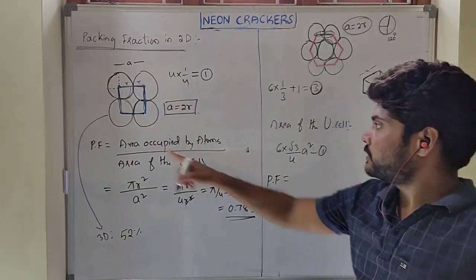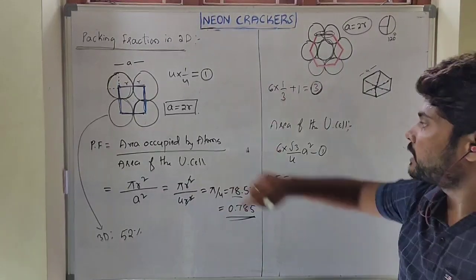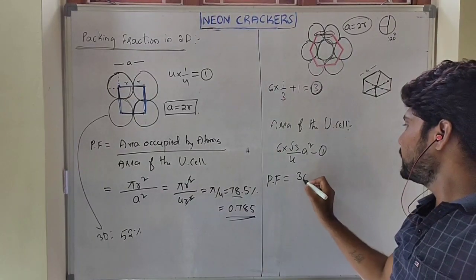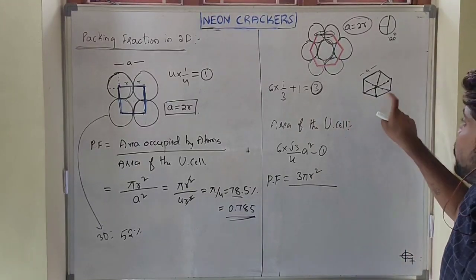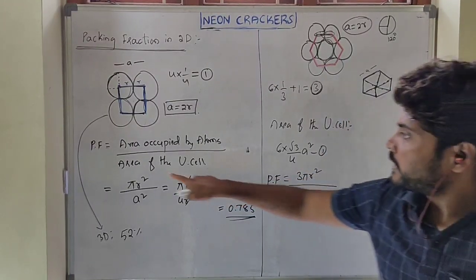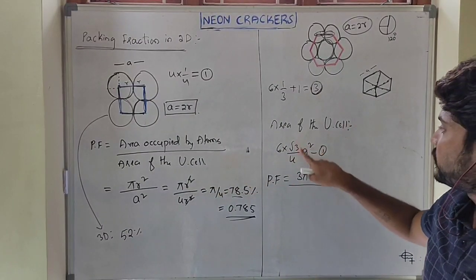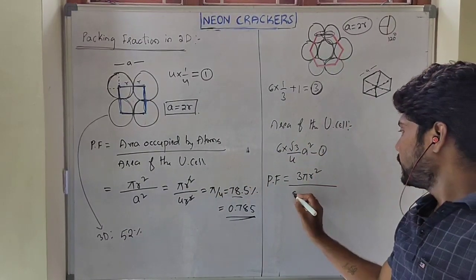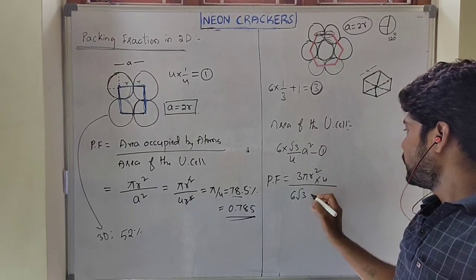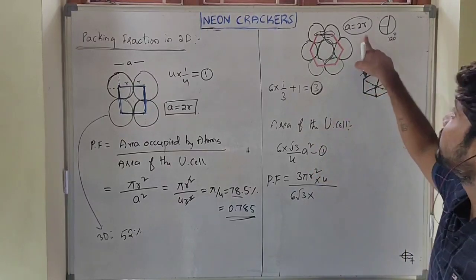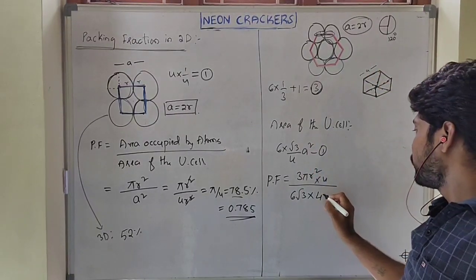Now what is the packing fraction? Packing fraction equals area occupied by atoms. How many atoms are there? 3, each with area pi r square, so 3 pi r square upon the area of the hexagonal unit cell, which is 6 root 3 upon 4 into a square. Again a square, where a equals 2r, so a square equals 4r square.